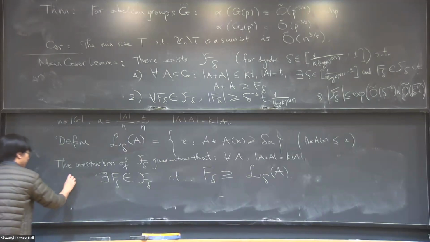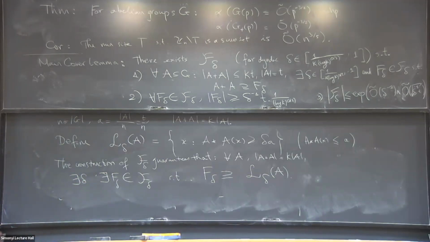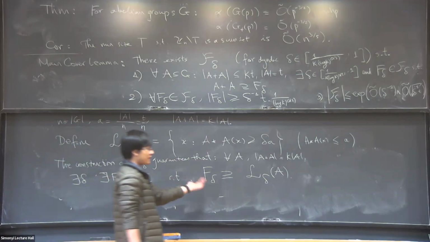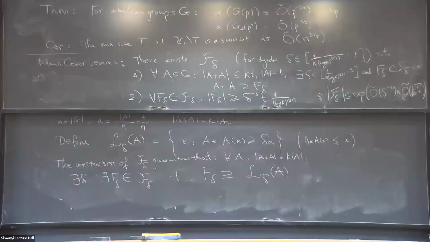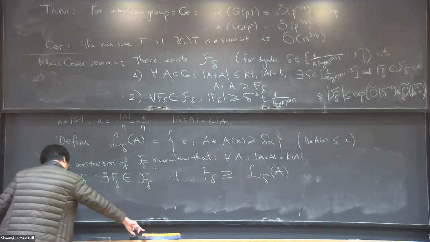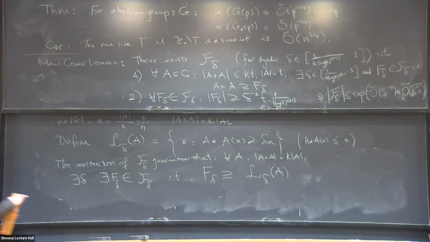Careful here, this is for some dyadic delta in the range that we specified before. And we will see later that we'll just choose the right value for delta so that this containment immediately forces a lower bound on the size of F delta.